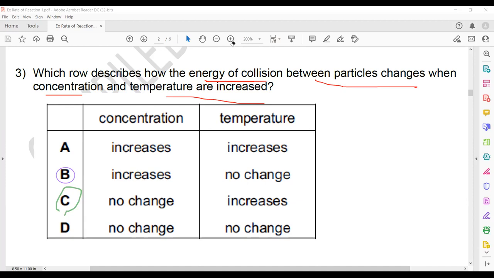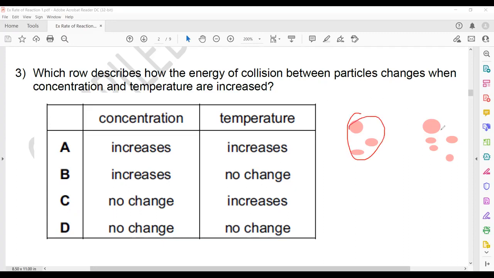No. For example, if we have 3 particles or we have 5 particles in the same space, the energy at which they are moving is not affected by concentration. The energy is affected by temperature. The one which has a high temperature will have more energy.